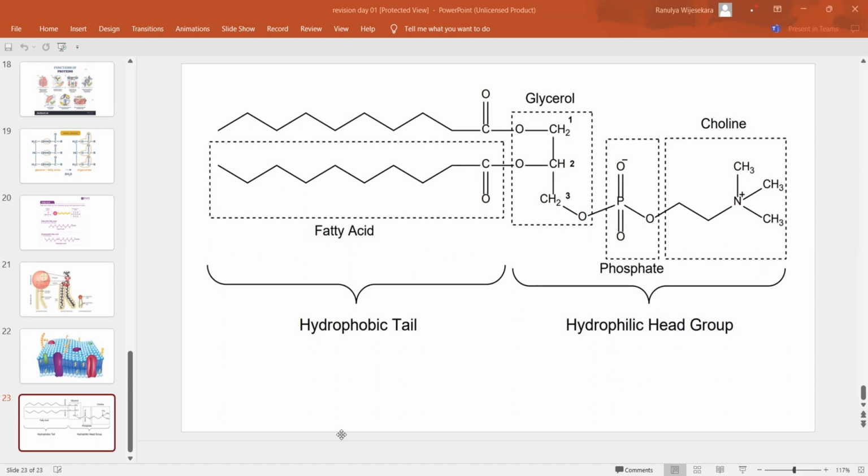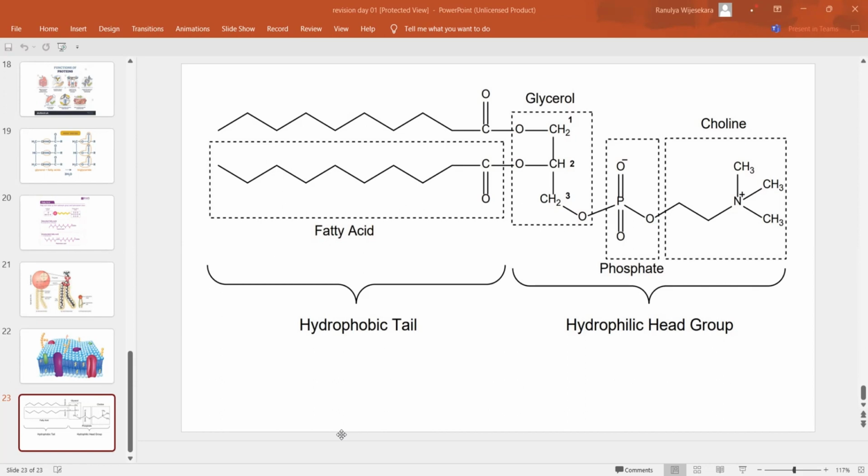Next point. Fatty acid molecules bind to each hydroxyl group of glycerol by ester bonds. Next point. The resulting fat molecule is called triacylglycerol, or triglycerides.